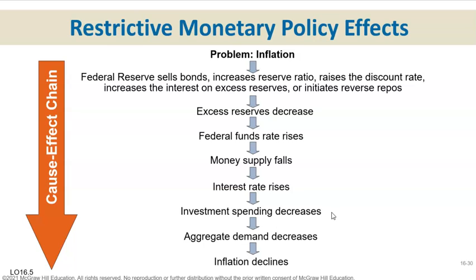And if investment spending is falling, that means that aggregate demand will be decreasing as well. When aggregate demand decreases, this will fix the inflation problem. So we'll see decreases in inflation or potentially deflation. But remember that we have inflexible prices. So we'll probably pull inflation down lower, but not get rid of it completely.